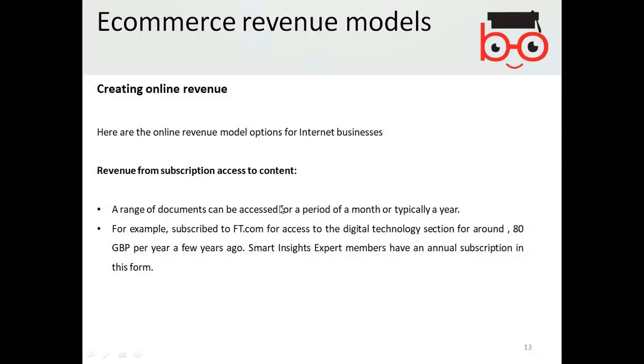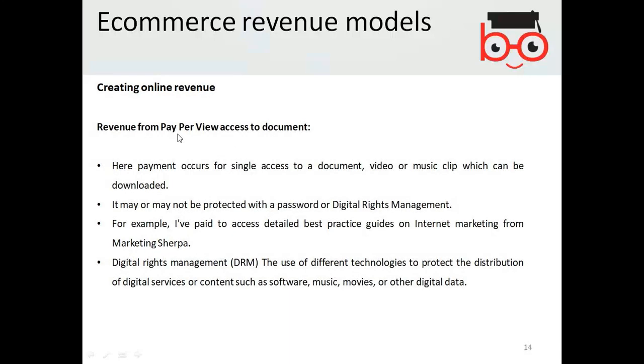Next is revenue from pay-per-view access to documents. One is that you earn from the subscription with unlimited views, whoever subscribes to your website. Pay-per-view is, for example, when you buy a research document from the IEEE store.